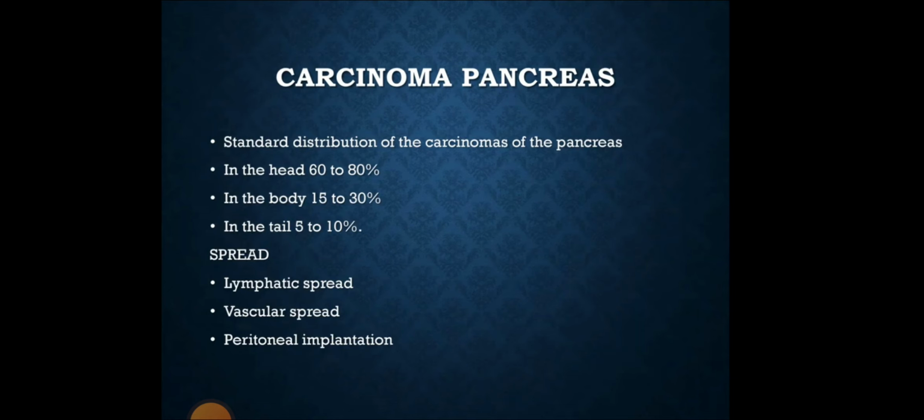Then vascular spread is extremely uncommon, but still the liver is affected through such spread from the body and tail. Then another is peritoneal implantation, resulting in ascites. That is the four types of spread: local spread, lymphatic spread, vascular spread, and peritoneal implantation.